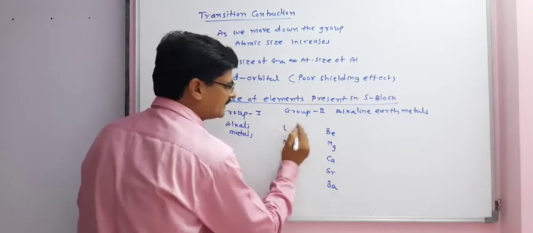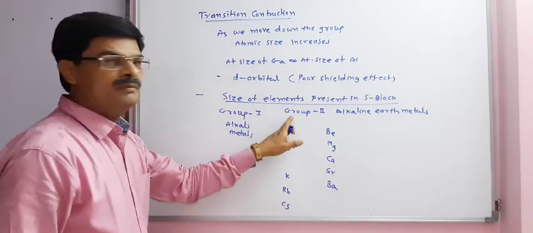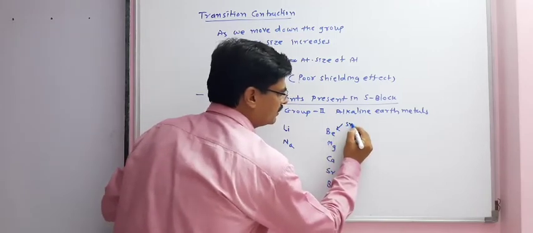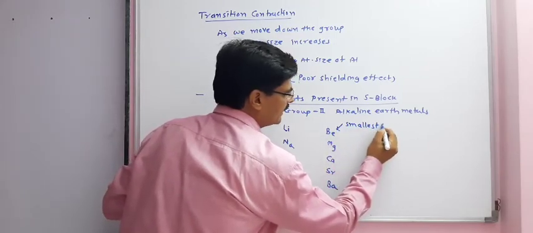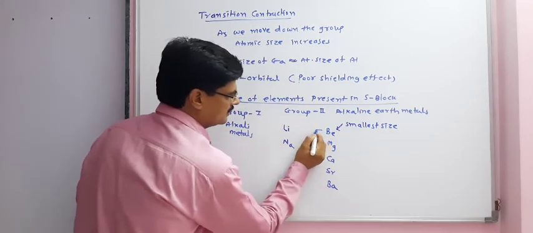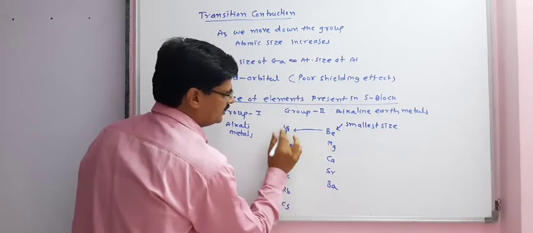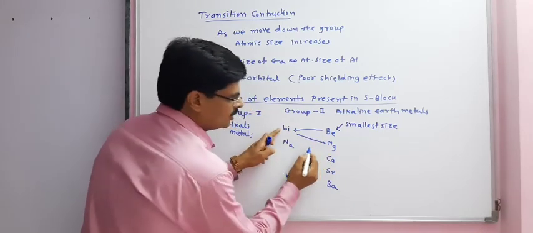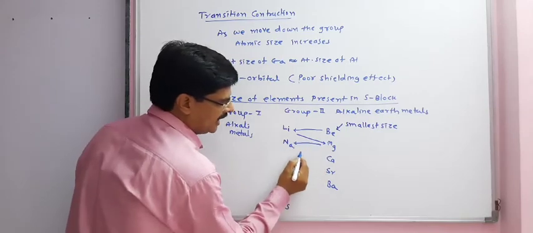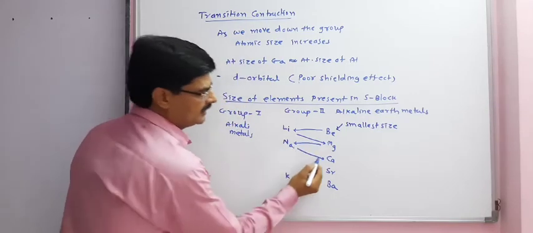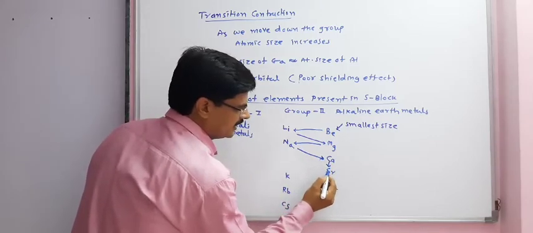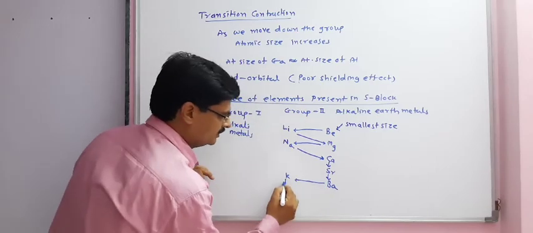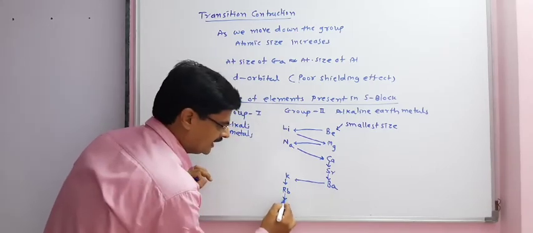So if we compare the size of elements present in group number 1 and group number 2, then Be has smallest size. Size changes from Be to Li to Mg to Na, then to Ca, then Sr, Ba, then potassium, then rubidium, and then cesium.